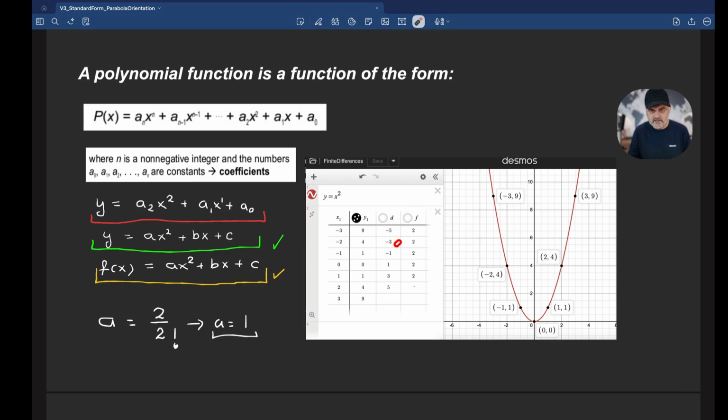So -3 minus -5, you get 2. -1 minus -3, you also get 2, and so forth. So you start observing that the second differences are constant, and based on the pattern, this function represents a quadratic function because the second differences are constant.